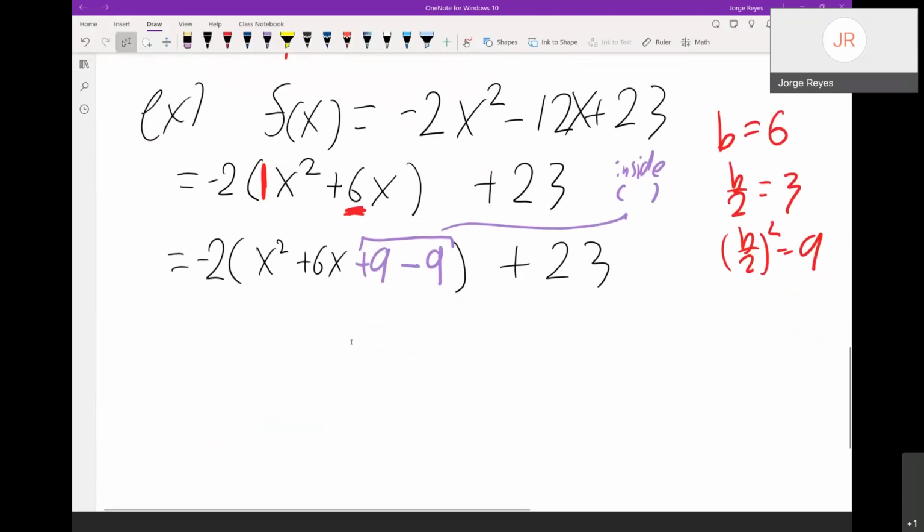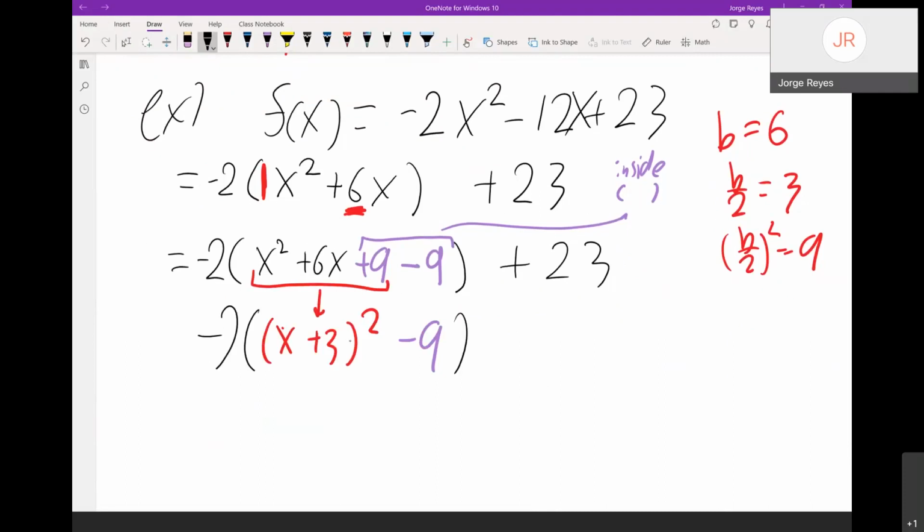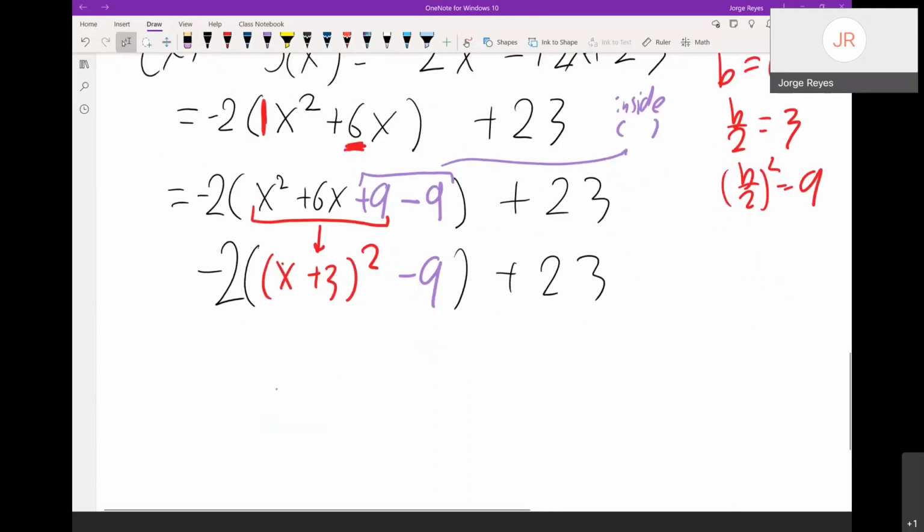Now, this is the complete the square part. So that becomes x plus 3 squared. The minus 9, we're just going to leave like that, and the minus 2 is like that. You don't have to do this middle step, but I'm going to have to distribute this negative 2 now.